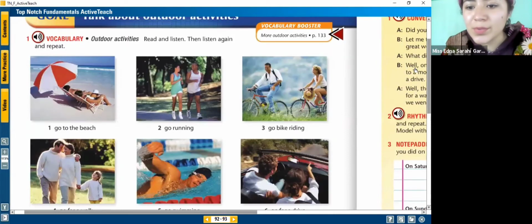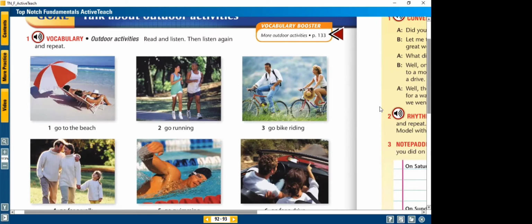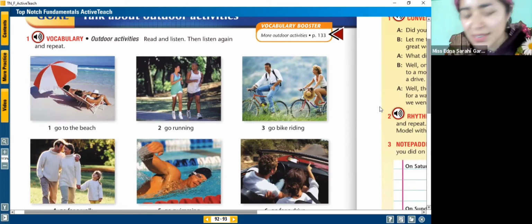I am going to start asking you some questions. So, Dania, how often do you go to the beach? How often? Always, sometimes, never, the last summer. How often do you go to the beach? Sometimes. Lilian, how often do you go to the beach?